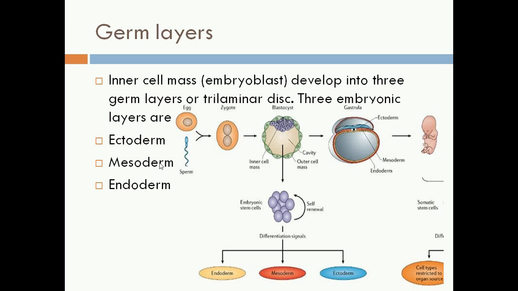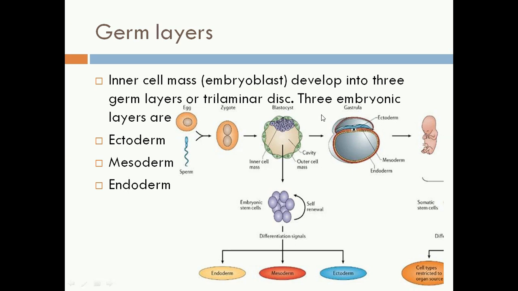This becomes the layer intervening between the ectodermal layer, the outermost layer, and the embryoblastic layer. This intraembryonic mesoderm further differentiates into the ectoderm, mesoderm, and the endoderm. So the intraembryonic mesoderm enters and becomes one of the layers seen around the embryo.